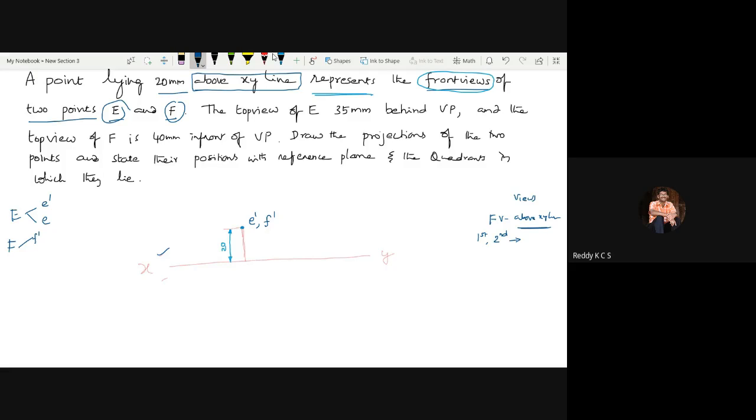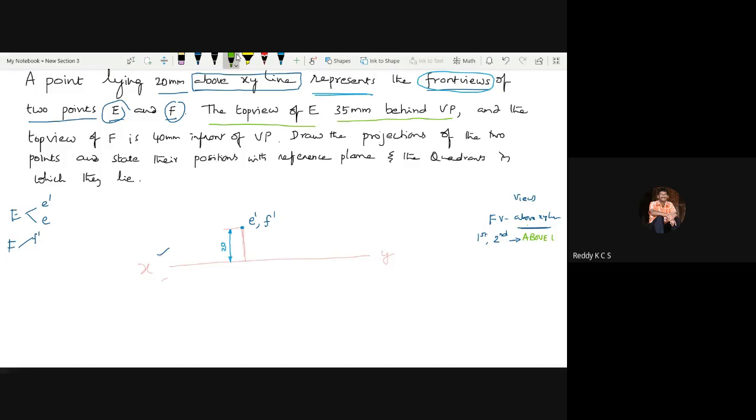Right. So now he's giving one more statement about this. The top view of E is 35 behind VP. So when the front view is above XY line, that condition is it is above HP.